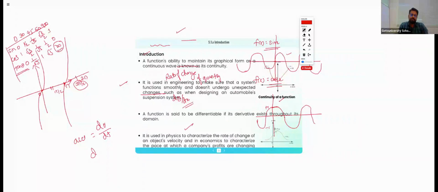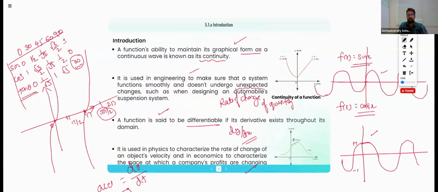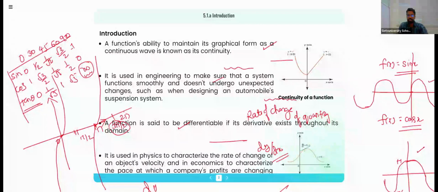The rate of change of distance with respect to time can become velocity or speed, depending on whether we are talking about a vector or a scalar. All these applications are connected to differentiation. And then come antiderivatives or integrals. Once you understand differentiation, we can talk about integrals as well.